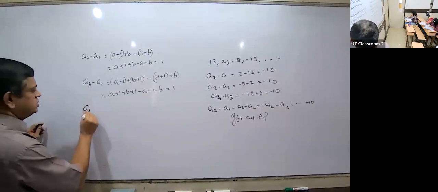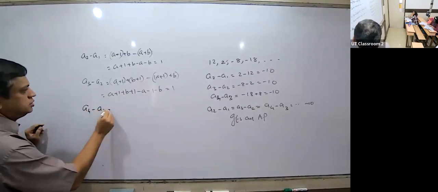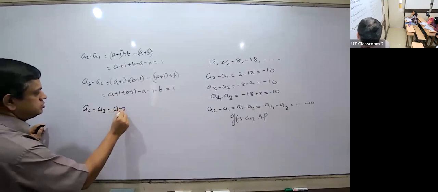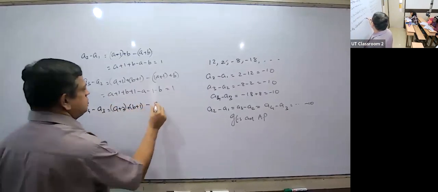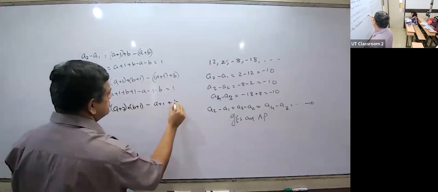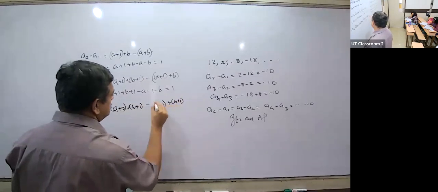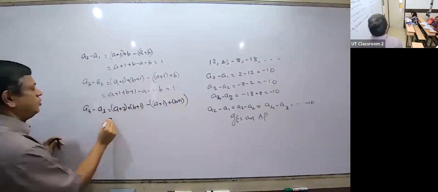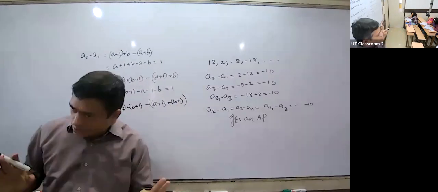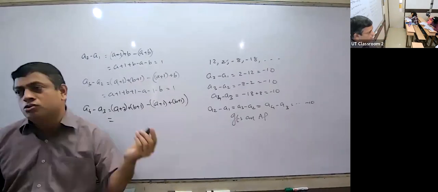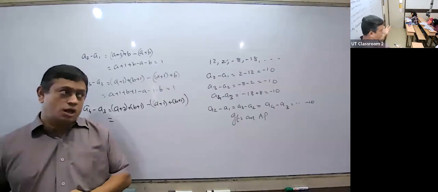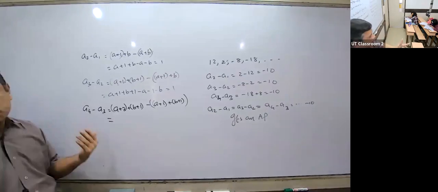A4 minus A3, also the same thing will come. Should I write? A plus 2 plus B plus 1 minus A plus 1 plus B plus 1. Look, if you can identify, then directly write. If you cannot identify, you have to do it now. Is equal to 1.